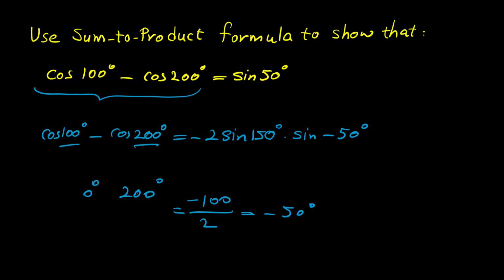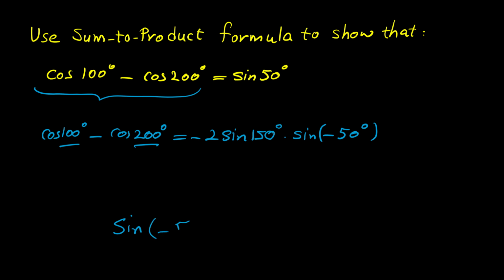Now we have to simplify this expression. If you remember, I mentioned that cosine is an even function, but sine is an odd function. And when a function is odd, it means that sine of negative 50 degrees is negative sine of 50 degrees.